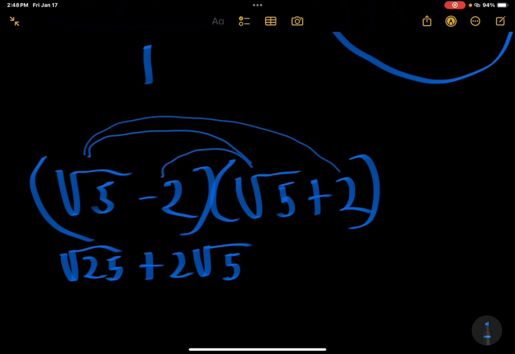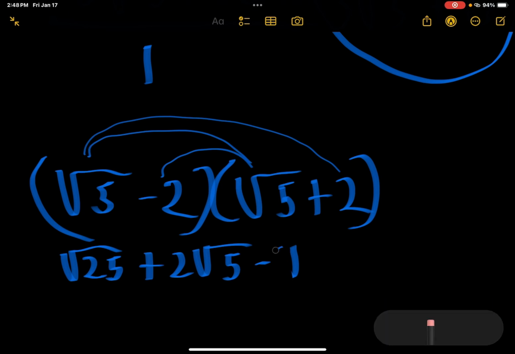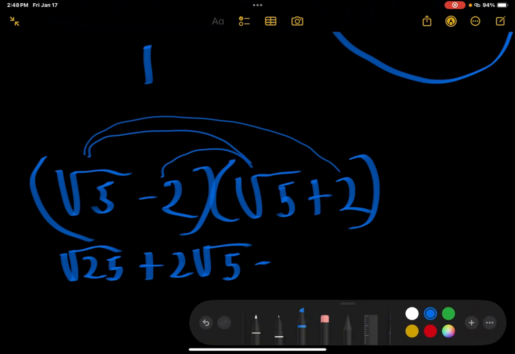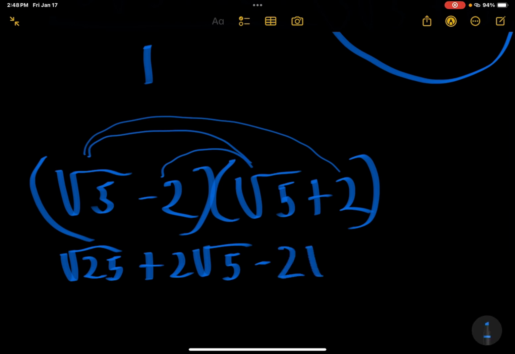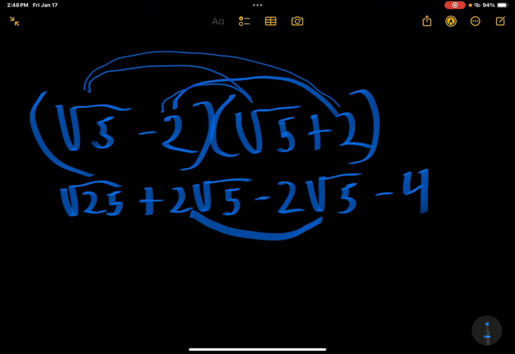Now we've got to do this one. Negative 2 times square root 5 is negative 2 square root 5. And then negative 2 times 2 is minus 4. All right, so this 2 square root 5 minus 2 square root 5, that cancels out, so that's gone.